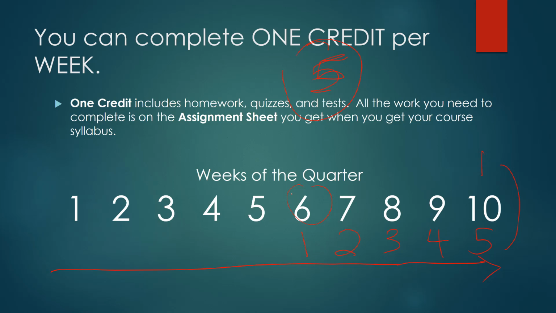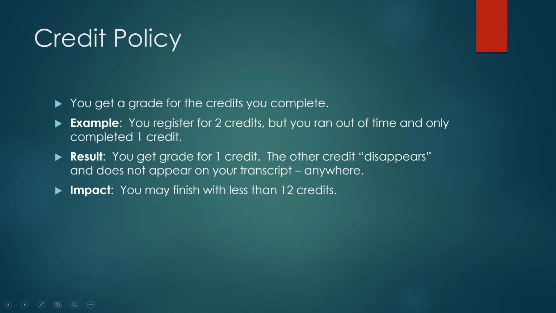Here is another example from our credit policy that's also really important: you get a grade for the credits that you complete. For example, you registered for 2 credits, but you ran out of time and only completed 1 credit. That means at the end of the quarter, you get a grade for 1 credit. The other credit just disappears. It doesn't appear on your transcript anywhere.